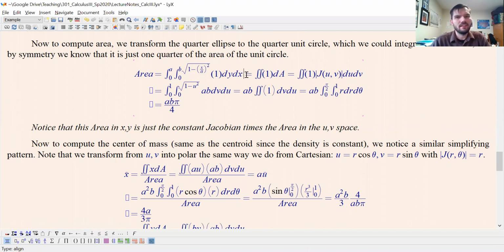You're integrating this square root function, and that b is multiplying the whole square root, whatever.